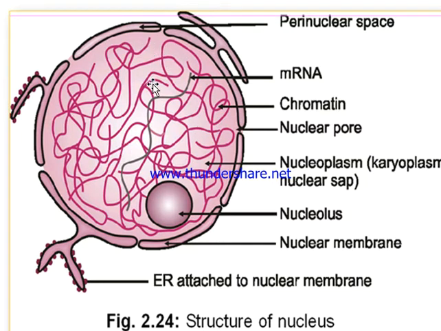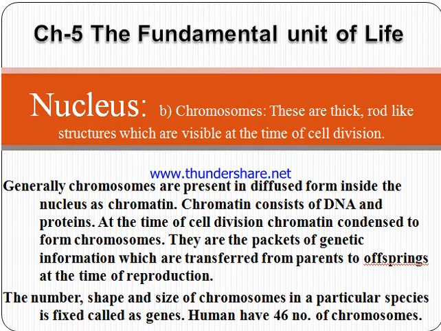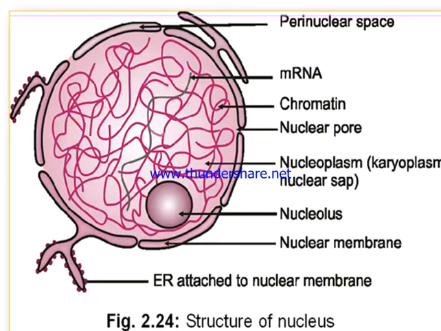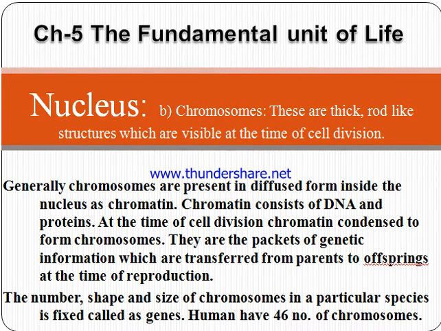is known as nucleoplasm, and these thread-like structures are known as chromatin, which are DNA forming structures. So till now I have discussed the very important nuclear membrane, which has a double layered structure with some pores, which help in the transfer of material between the cytoplasm and nuclear material.